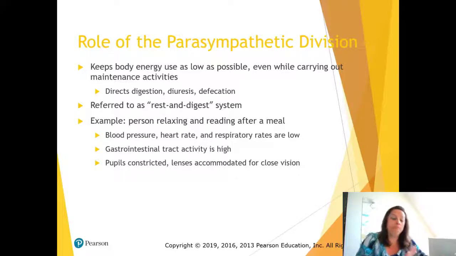The nerves originate from the brain and the spinal cord, in the sacral spinal cord. So the parasympathetic nerves originate top and bottom of the central nervous system. The ganglia are located inside the visceral organ. They both stimulate with acetylcholine.